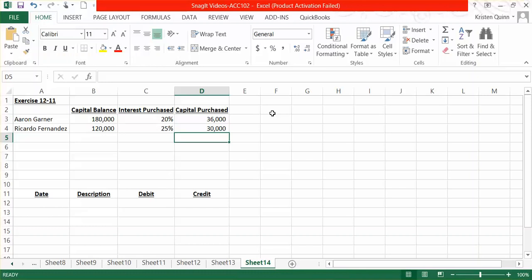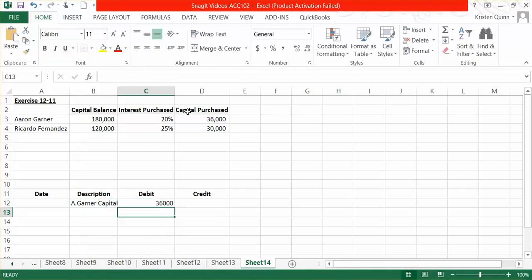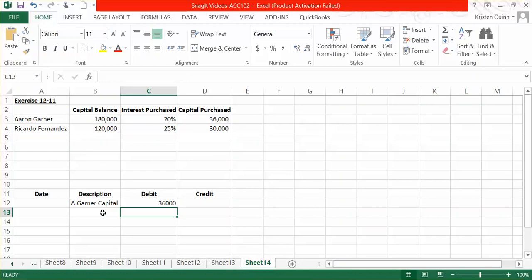Carpenter is giving the $50,000 and the $32,000 directly to Gardner and Fernandez. She is not giving that money to the partnership. So, to journalize this entry, we would debit Gardner capital for the $36,000 that he is giving up.